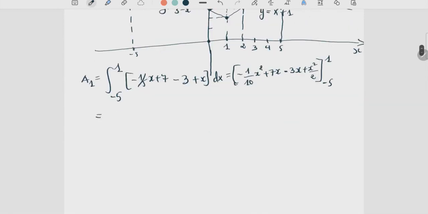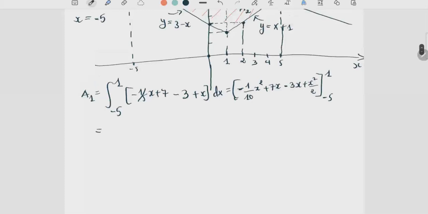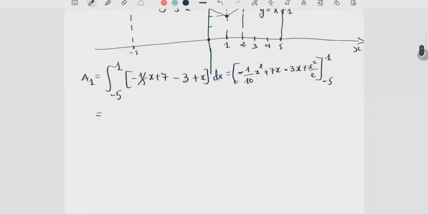And this will be equal to, if you substitute the top part, you'll have negative 1 over 10 plus 7 minus 3 plus 1 over 2.